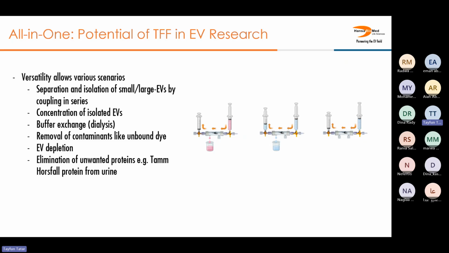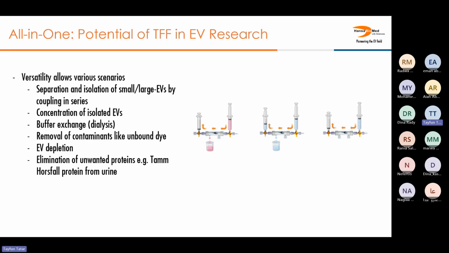And the most important advantage is its versatility, because since it is a gentle size-based ultrafiltration method, it allows to be used in many different scenarios, such as separation and isolation of small or large EVs, concentration of pre-isolated EV samples, buffer exchange, removal of small contaminants.